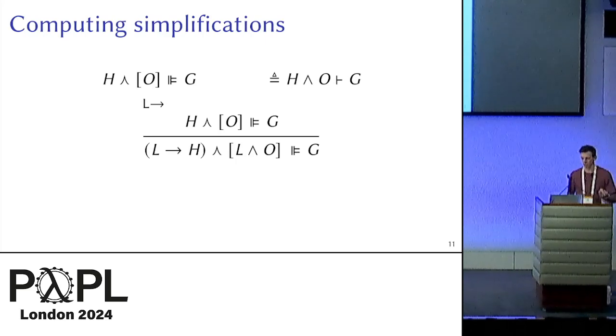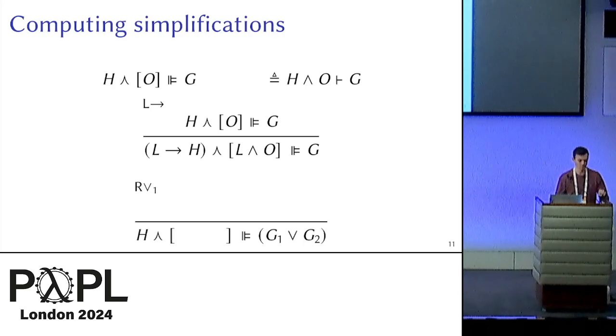So that's one rule. The other rule I want to show you is when the goal is a disjunction. If we're trying to prove G1 or G2, what we can then do is try to see if we can find a link between H and G1. Now, if we do, it's enough to prove O, but if that for some reason turns out to be hard, we can still also prove G2.